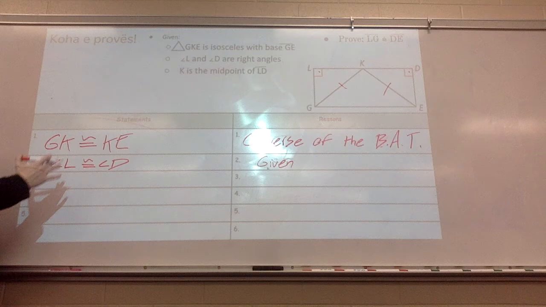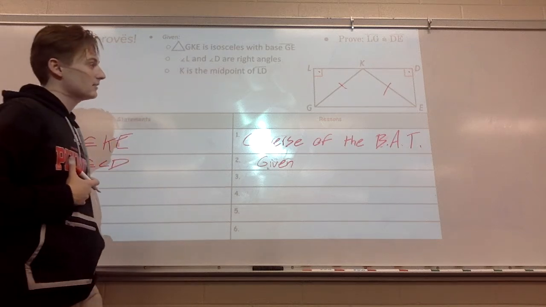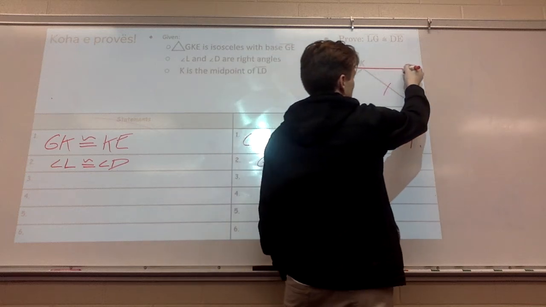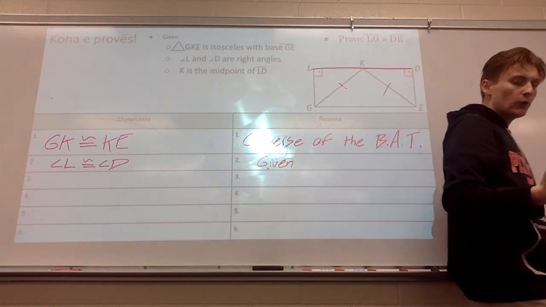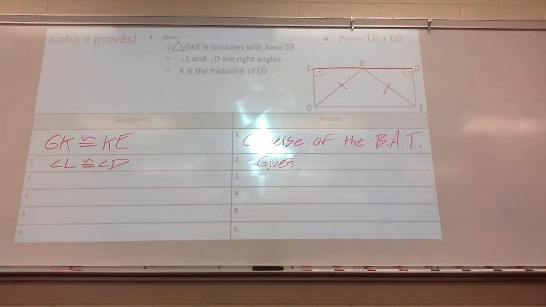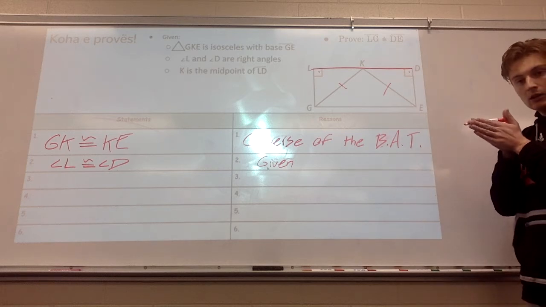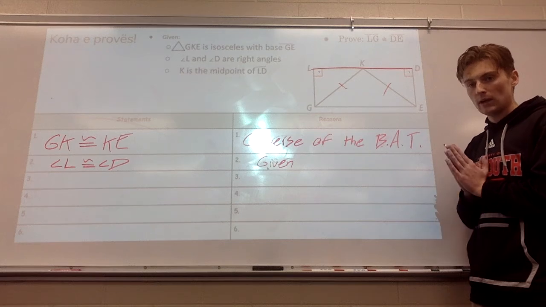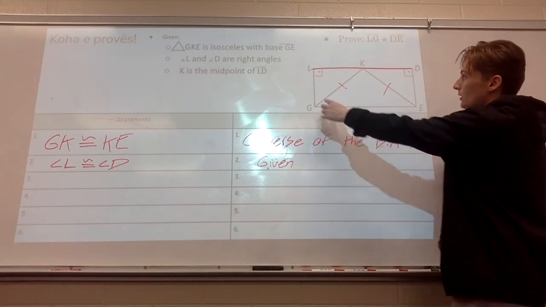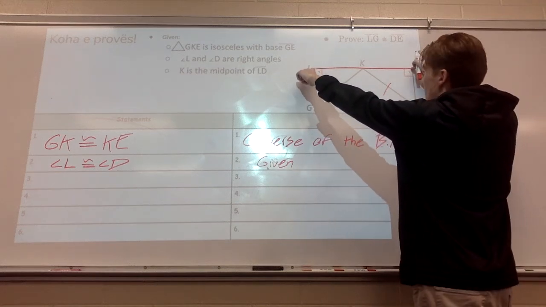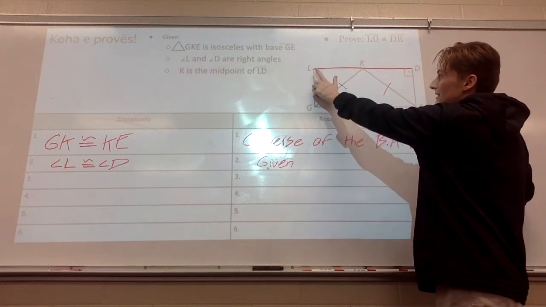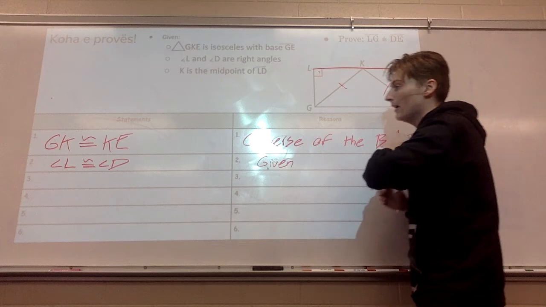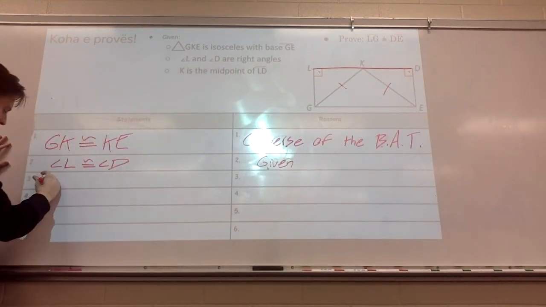Now, we say that K is a midpoint of this line LD. Well, in order for something to be a midpoint, it has to be sitting directly in the middle of the two other points. Okay? Well, notice K is sitting right in between L and D. So what I can say is that LK and KD are congruent to each other.